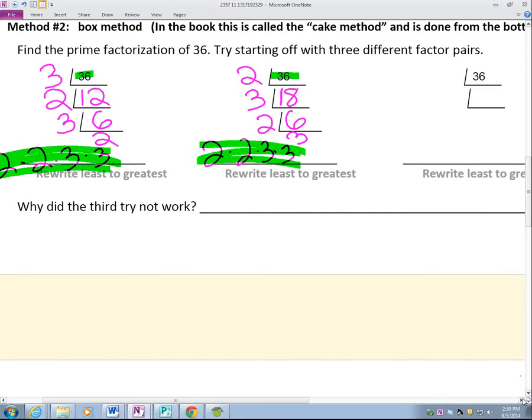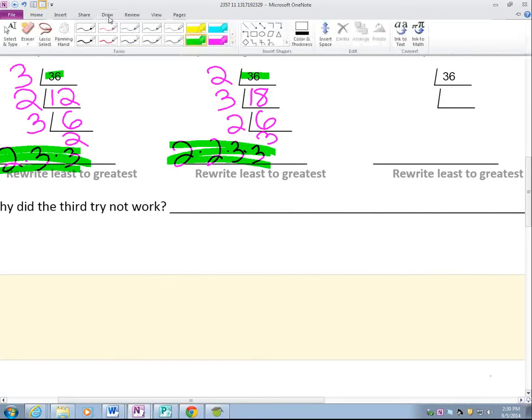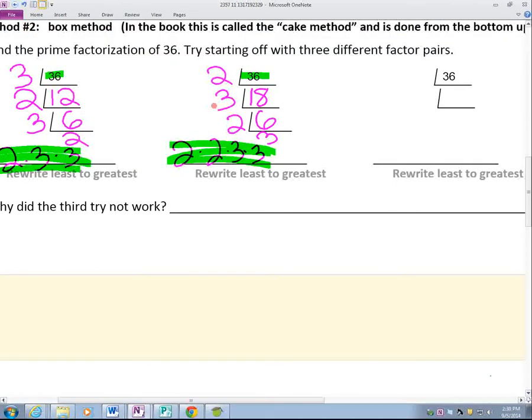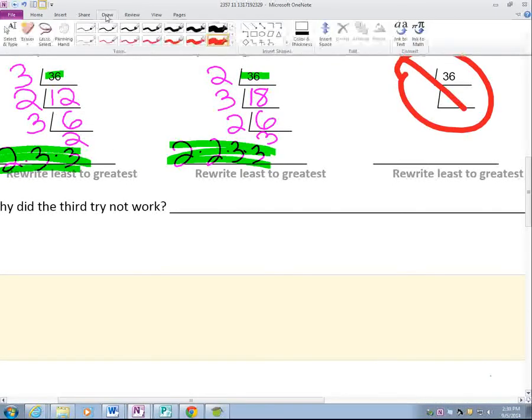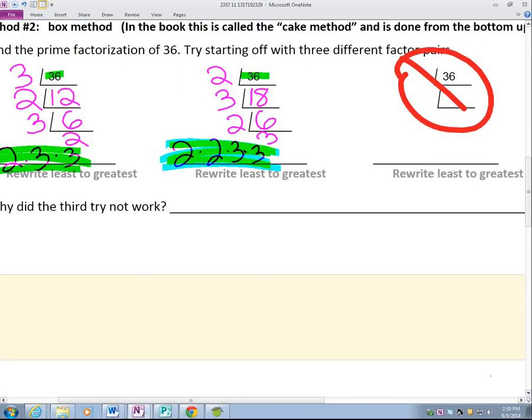Okay. Now this one here, are there any other factors that we can do? In fact, there is not, because the only two that we have, we've already used: 3 and 2. Just to show you that there are only 2 ways to do this number.